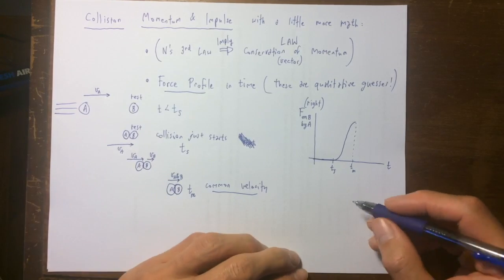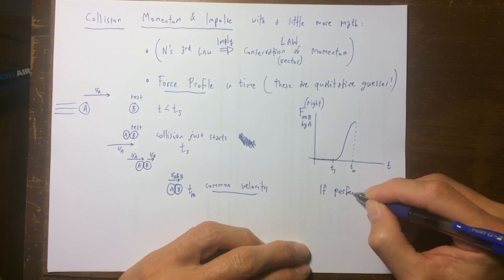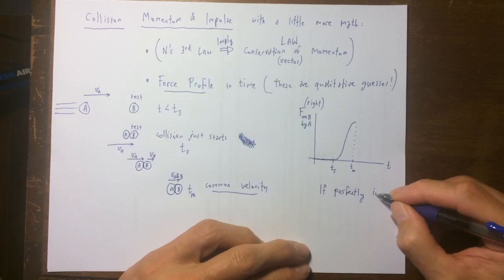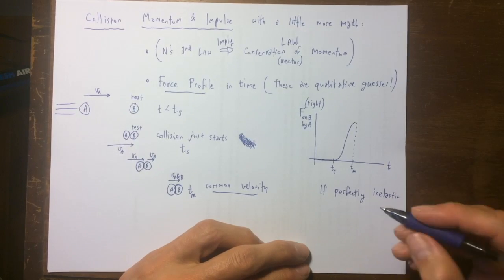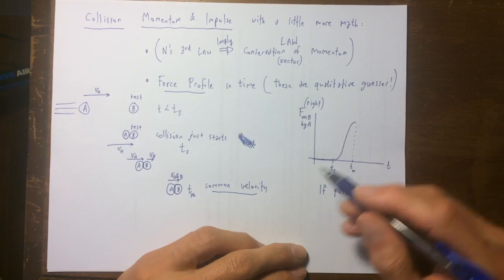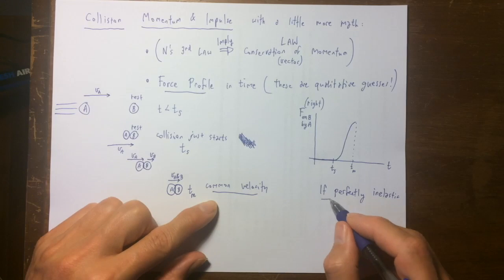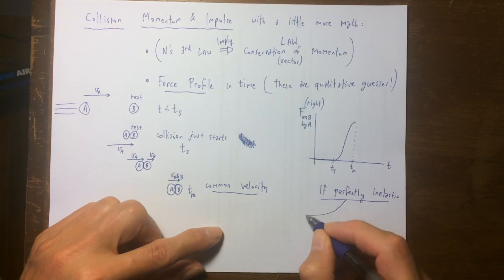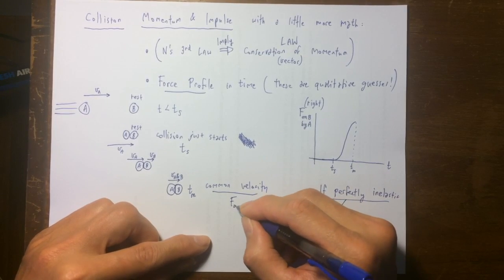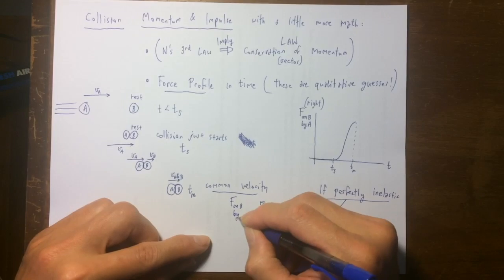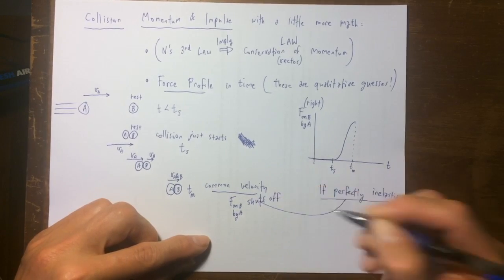Okay, so if the collision is so-called perfectly inelastic, then as soon as the two objects reach a common velocity, we could say that this is when the force on B by A shuts off.